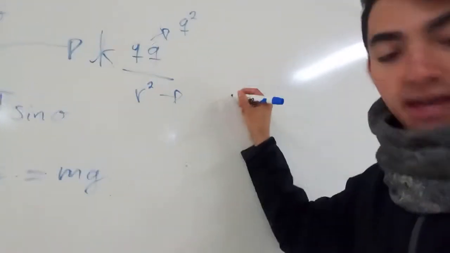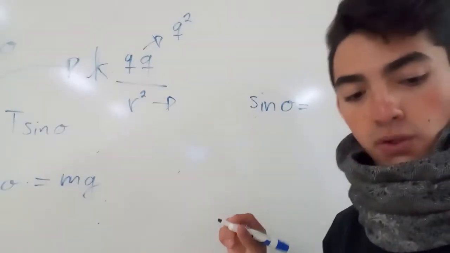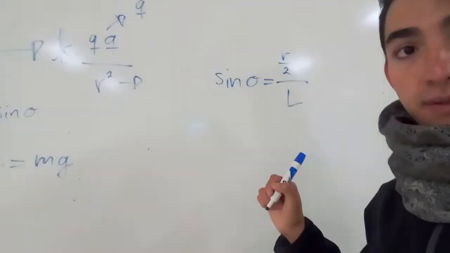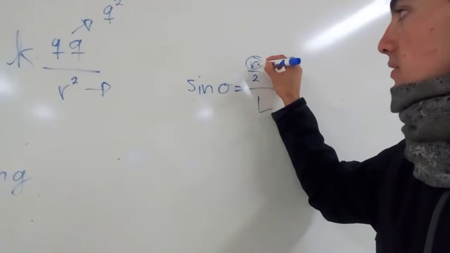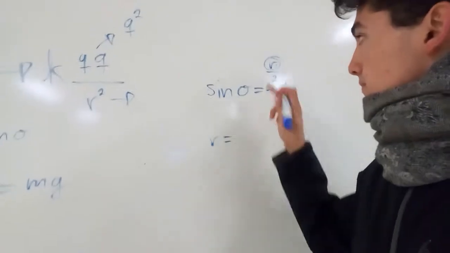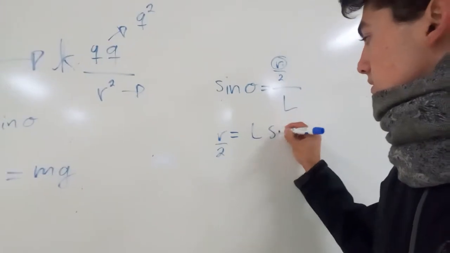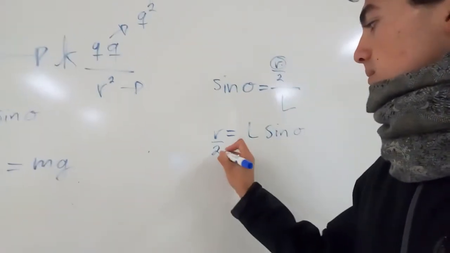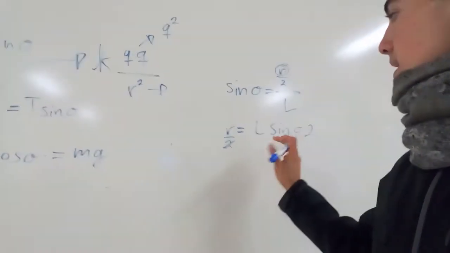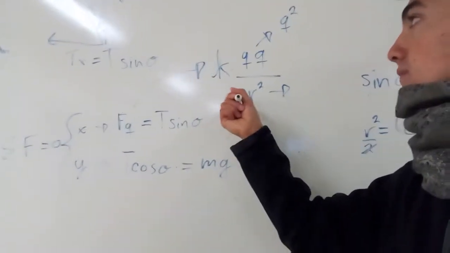So we say that the sine of theta is equal to the opposite cathetus over the hypotenuse. But we have to know the value of r, so r over 2 is equal to L sine theta. Then we pass the 2 here, and we have now the value of r. So we only square it, and now we have the result for this one.